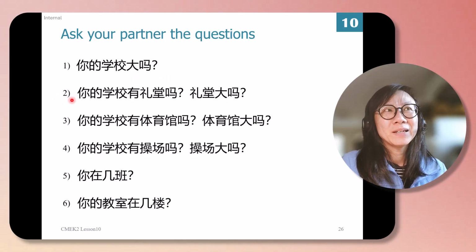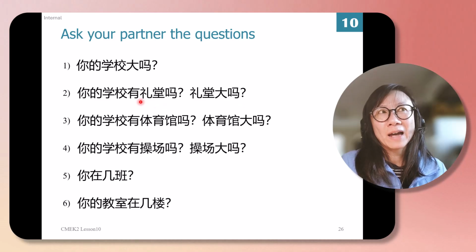Number 2, 你的学校有礼堂吗？礼堂大吗？ Can you figure out the meaning? Is there an assembly hall at your school? And is it big?